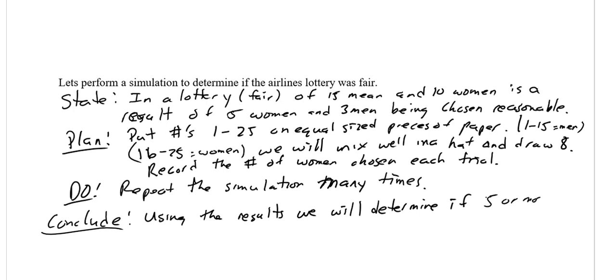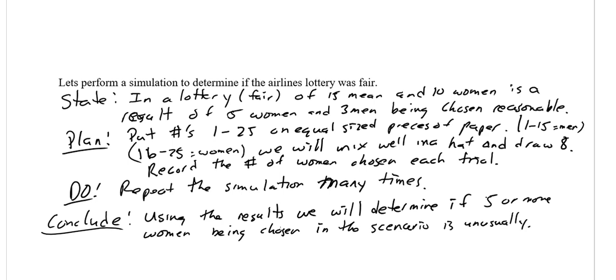Women being chosen in this scenario is unusual. So we're looking to see if it's statistically significant, which of course we know statistically significant means not likely to happen by random chance. So we want to know, was this likely to happen by random chance or not? Was it statistically significant or not? Good.